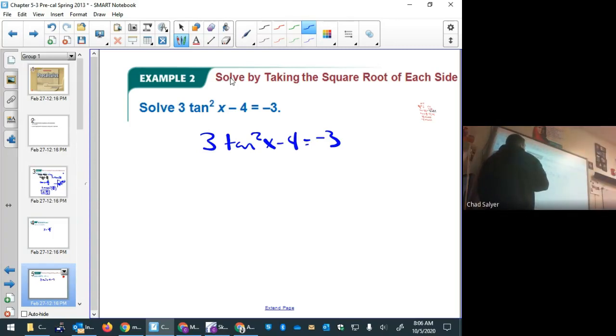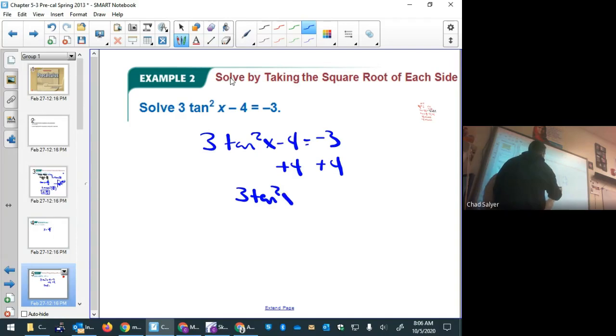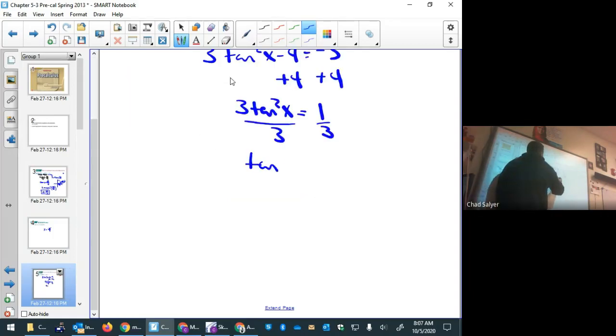I would add 4 to both sides. Excellent. So I get 3 tangent squared x equals 1. What should I do next, Jesse? Divide by 3. Excellent. So I've got tangent squared x equals 1/3.